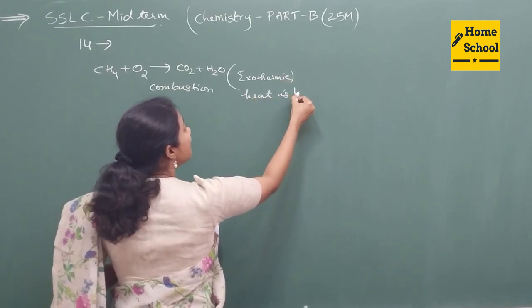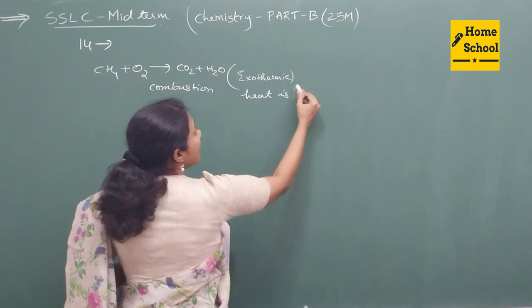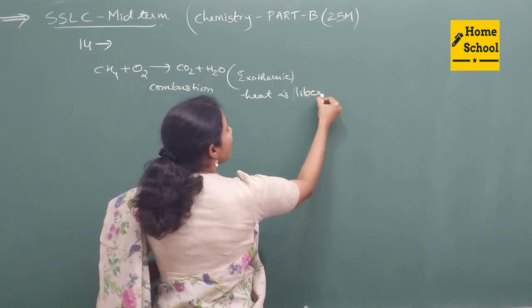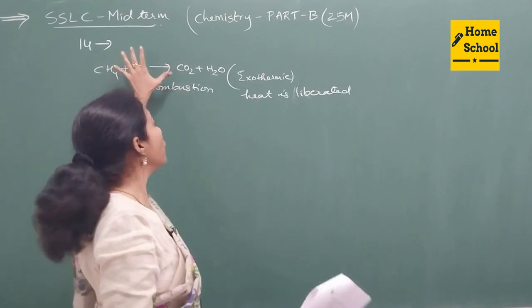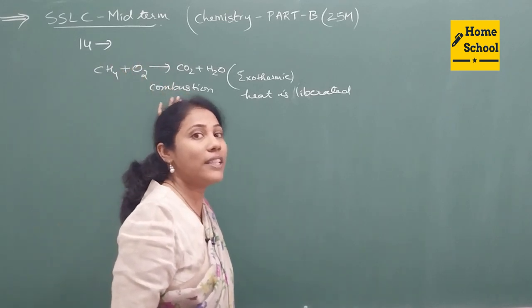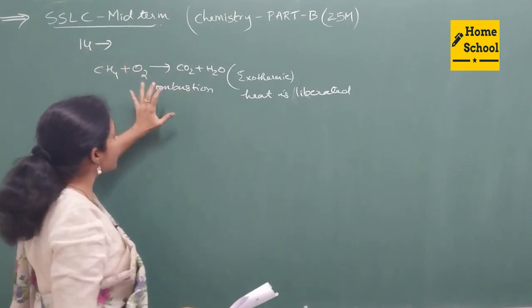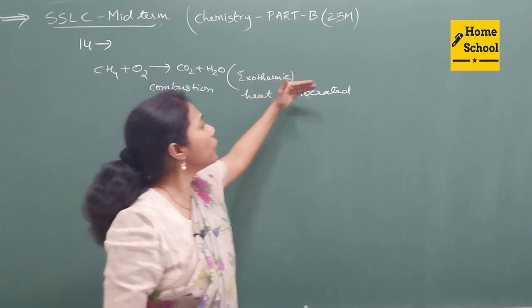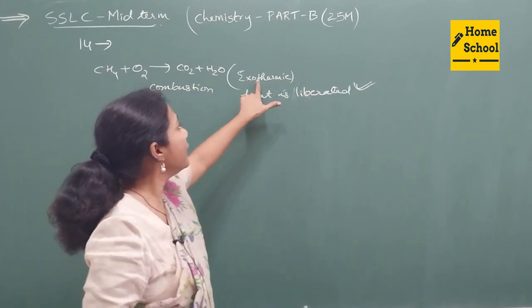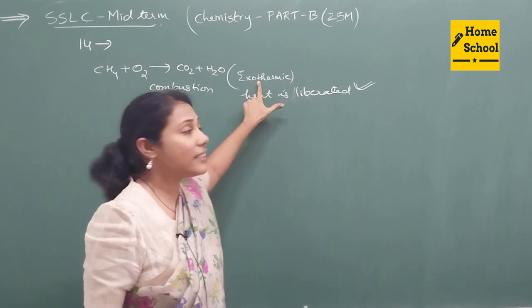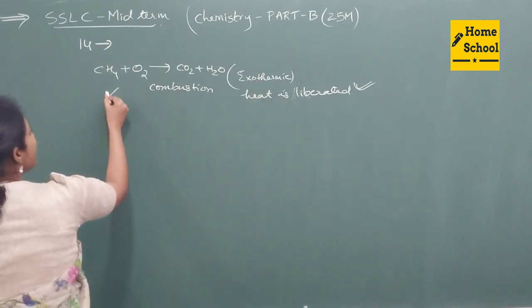Because they have given the word burning, you cannot decide it is an endothermic reaction. It is a combustion reaction, and if a large amount of heat is liberated, you call it an exothermic reaction, right? So you cannot go for this option.